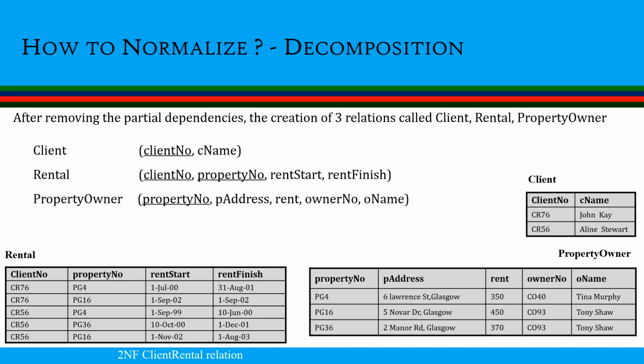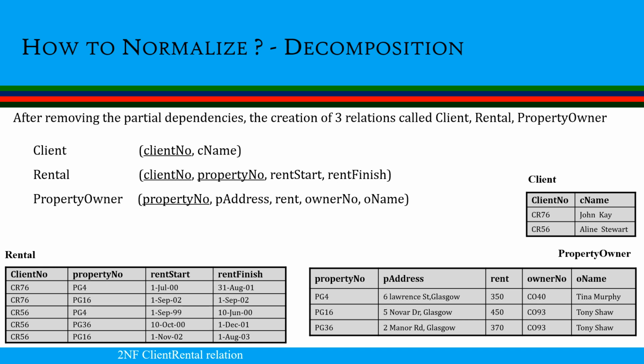So functional dependencies 2 and 3 hold partial dependencies. We have to remove these partial dependencies. For that we can perform this decomposition process. We decompose the client rental relation into three: client, rental and property owner. The client table has the attributes client number, client name.